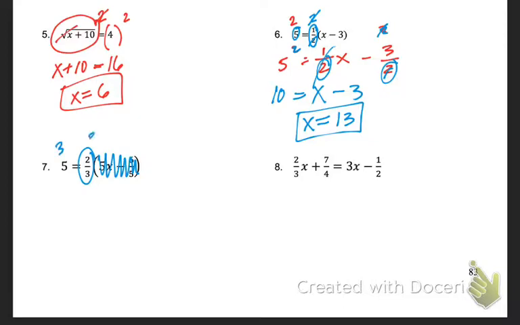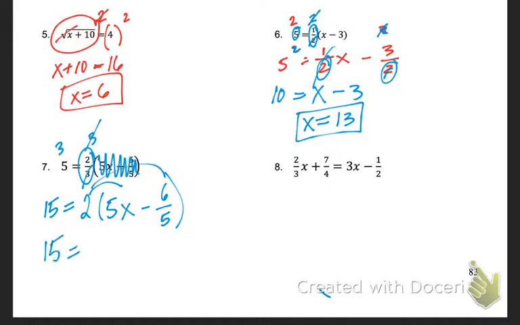So multiply by 3, multiply by 3. I've got 15 equals, 3's cancel, 2, parenthesis, 5x minus 6 fifths. Distribute that 2, 15 equals 10x minus 12 over 5.